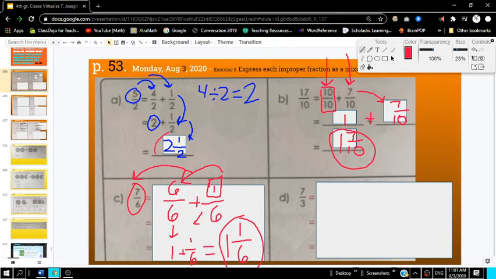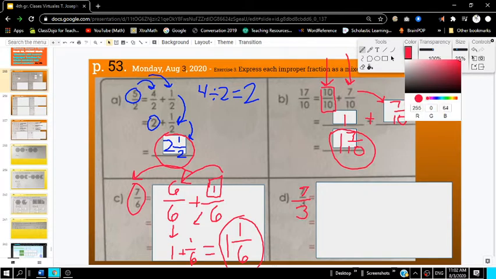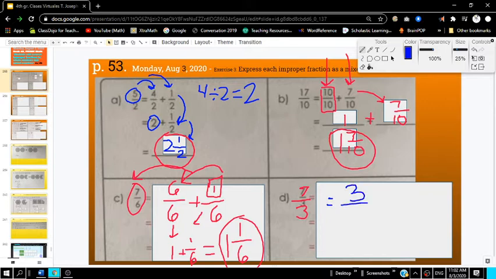All right, let's do that last problem. Letter D says 7 thirds. That improper fraction includes a whole number and another fraction. So what would be our whole number? Well, if you remember from the first couple of examples, any number over itself is going to equal 1. So 3 thirds equals 1.